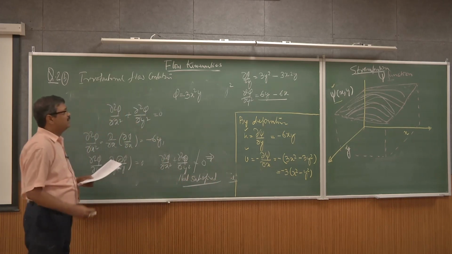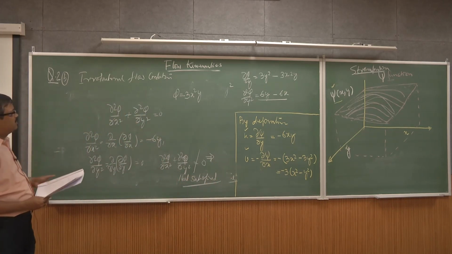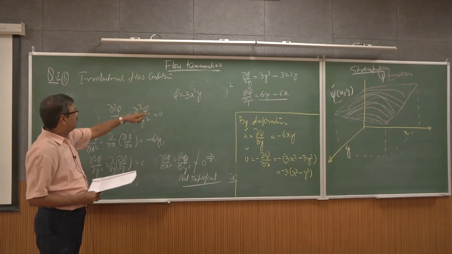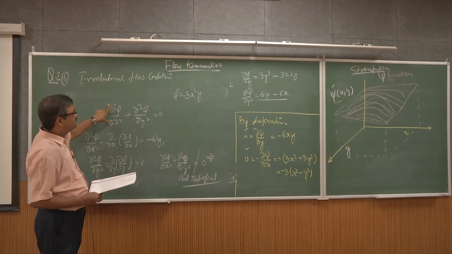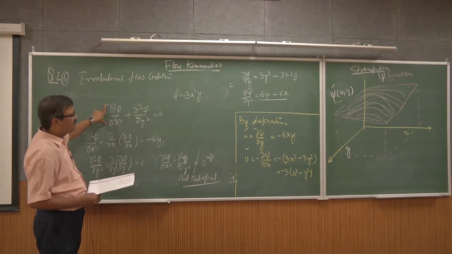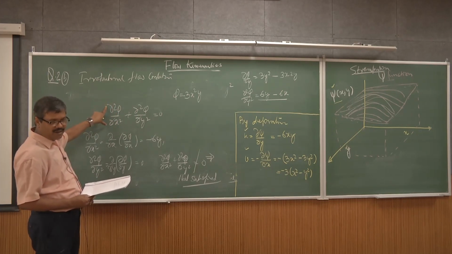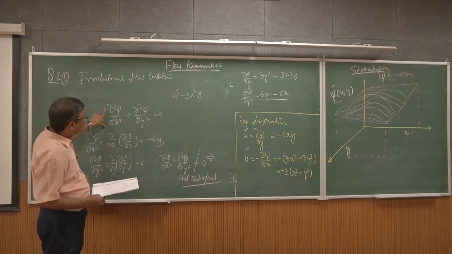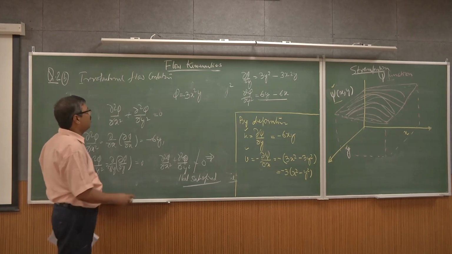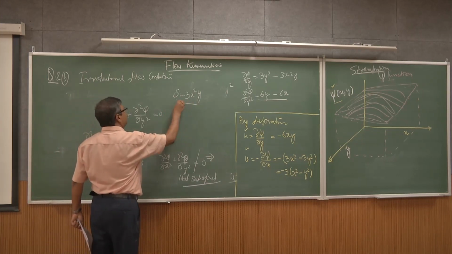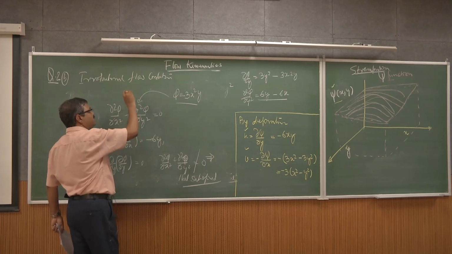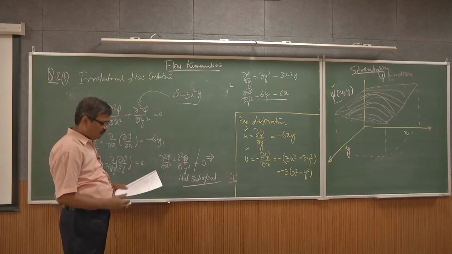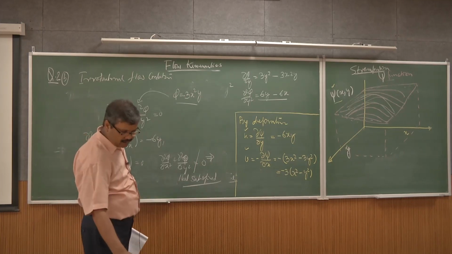This is a very simple example, just to check by substituting the velocity potential function. Does it satisfy the Laplace equation? If it satisfies the Laplace equation, that means it's a velocity potential field. If not, then it is not an appropriate velocity field to define this flow behavior. So that is what we have to look at in this case.